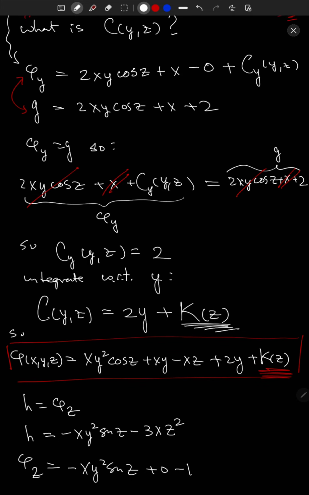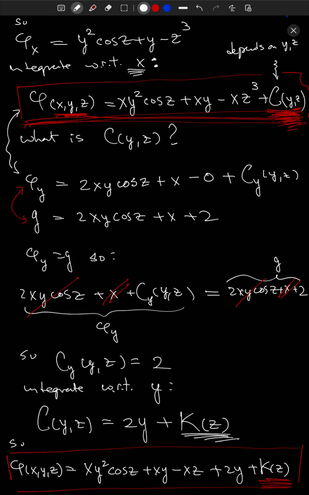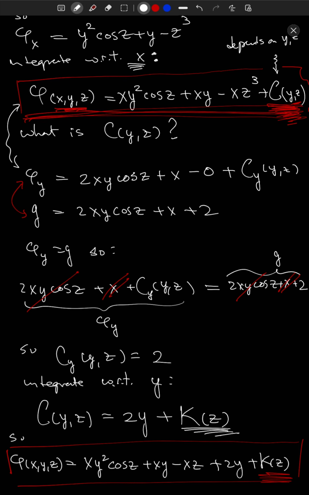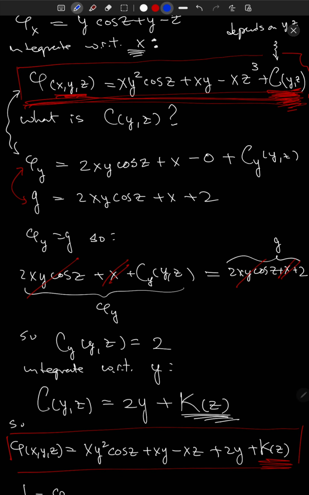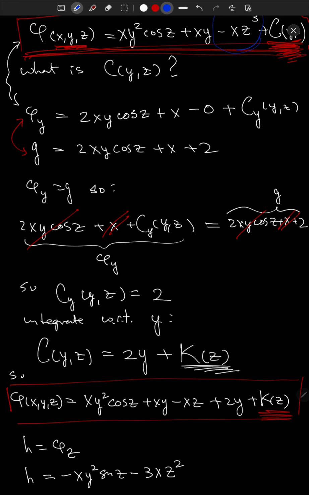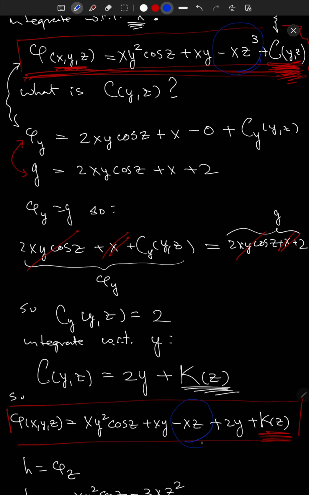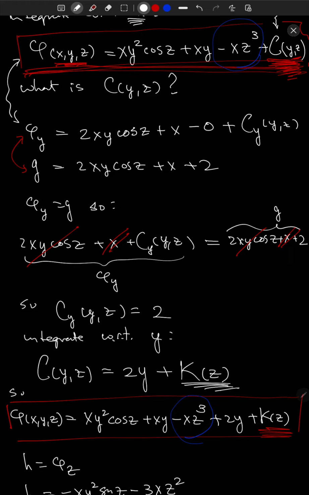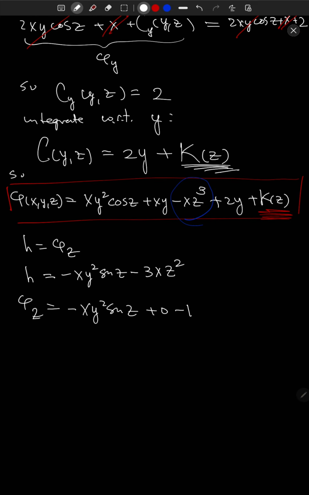Let me scroll up and take a look up here. I think I might have copied something down wrong. I did indeed. This z minus xz cubed, I copied it down wrong down here. It should be minus xz cubed here. So let me fix that, because I expect a lot of these things to actually match.